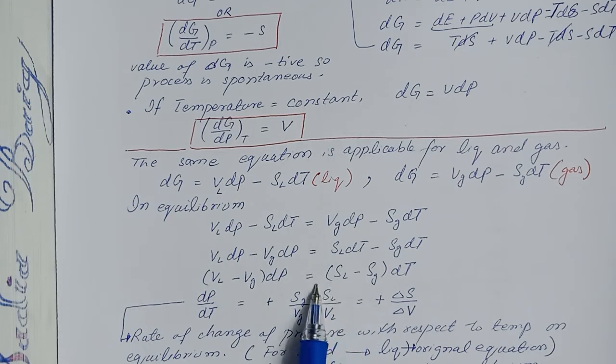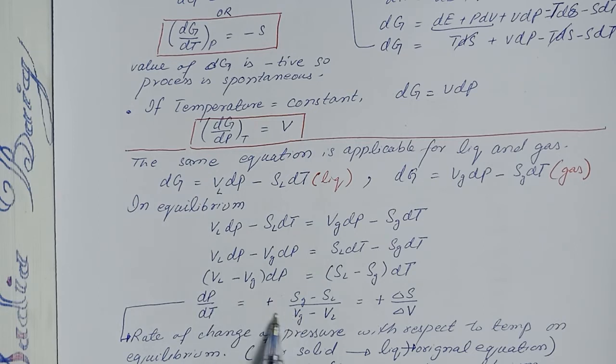If we invert the process, for example, for the conversion of liquid to gas phase, because the first value is usually the final value, here the final is gas phase and the initial is liquid phase, and for this kind of change, the final phase is liquid and the initial phase is gas.